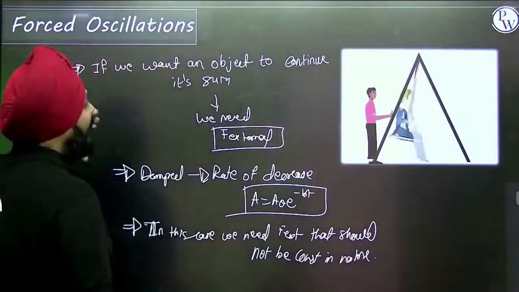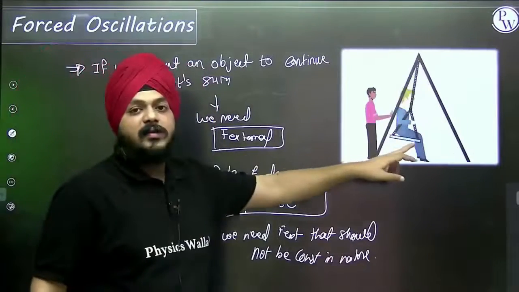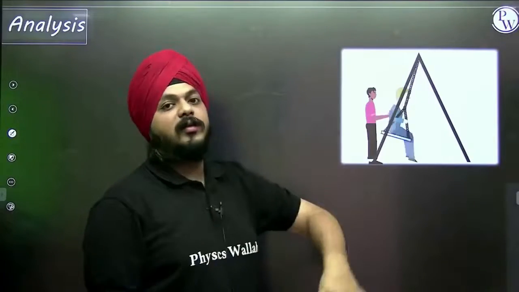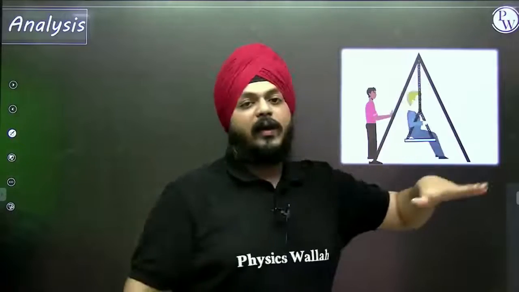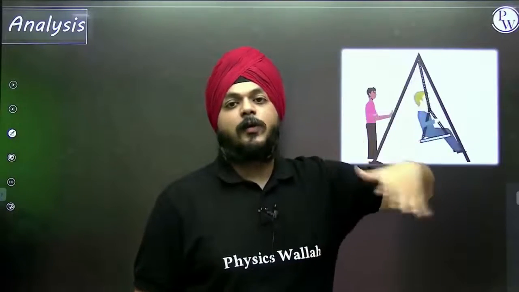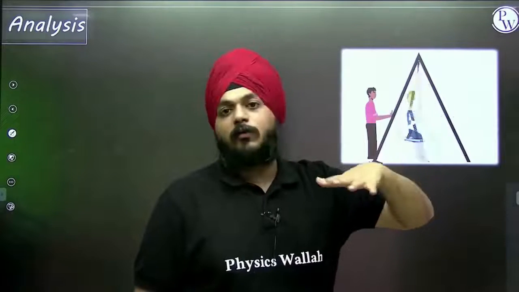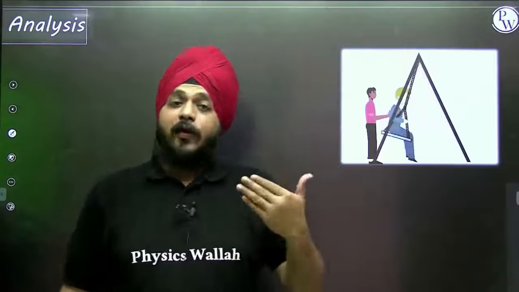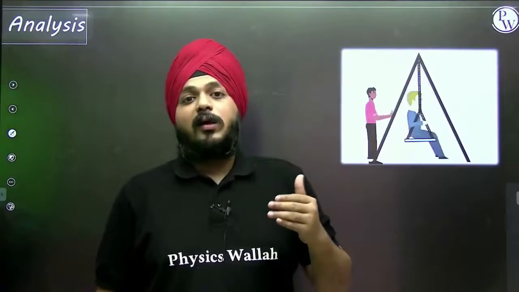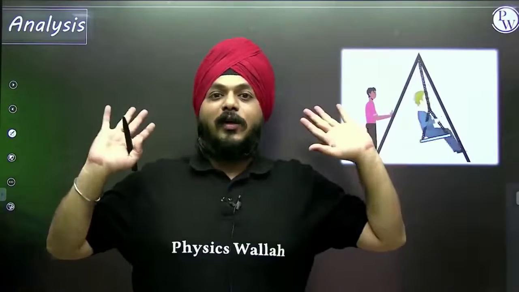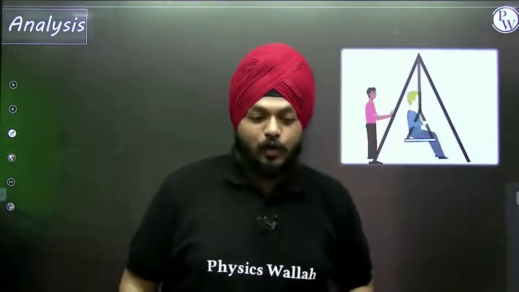Now you can see in the swinging, the same example we are taking. Suppose my daughter is sitting on the swing and I apply a force, and it starts swinging. After some time, the total energy slowly decreases. Now if I want to maintain it, my daughter screams, "Papa!" I got a signal, I need to apply the force.